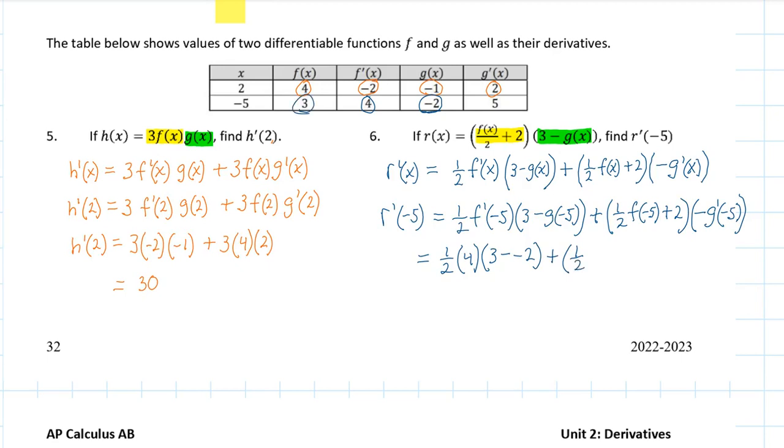F of negative 5 is 3. Plus 2 times negative g prime of negative 5, which is positive 5. Holy cow, that's a mouthful, isn't it? And if you figure out what that is, you should come up with negative 15 halves.